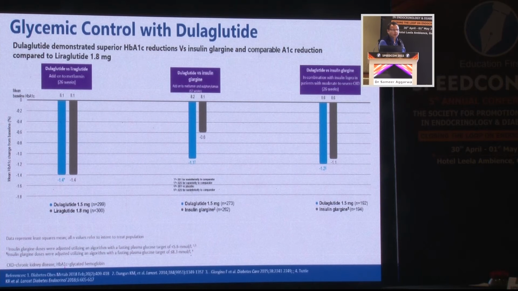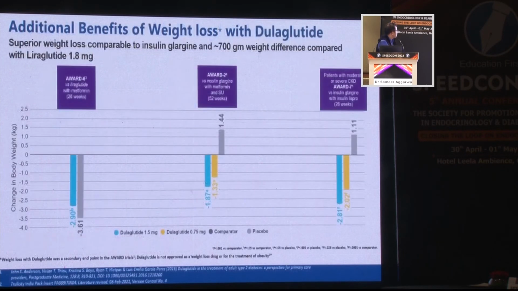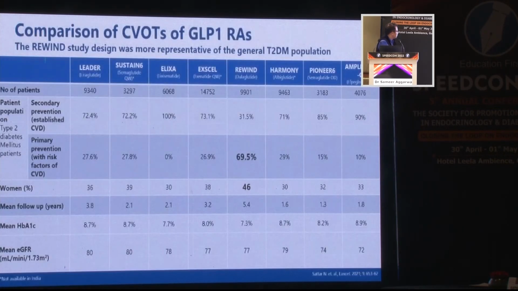In fact, the liraglutide dose used as comparison in AWARD 6 was 1.8 milligram, which we rarely use in our clinical practice. Weight loss in fact occurred better with dulaglutide 1.5 milligram as compared to liraglutide in the AWARD studies.